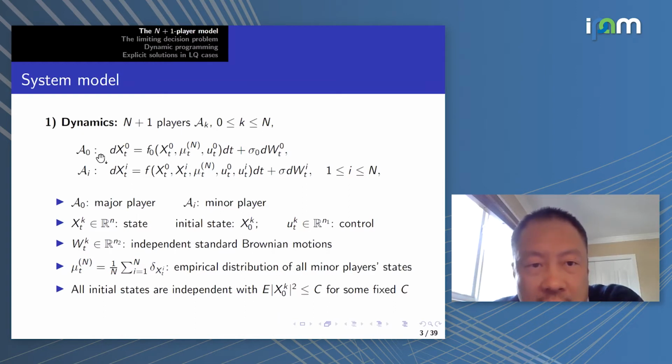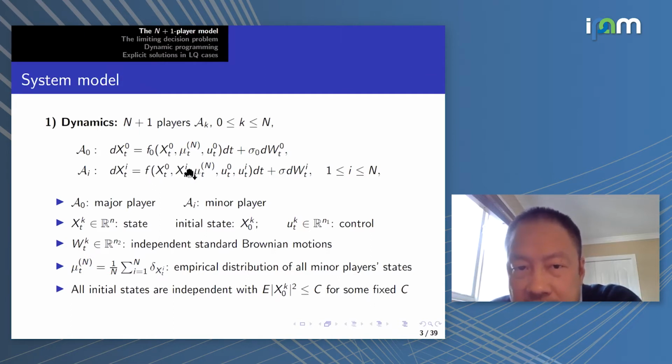So here, let's check what's the difference between the major player and the minor player. We can actually look at the equation of the minor player. You can see in the SDE of this minor player, you have the state of the major player, and also its control. That means the major player has significant impact on each minor player.